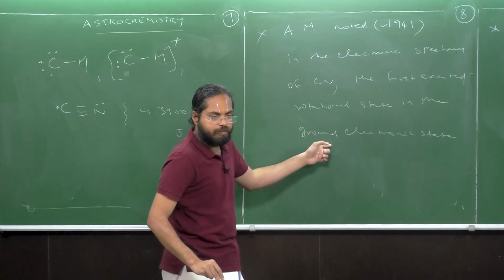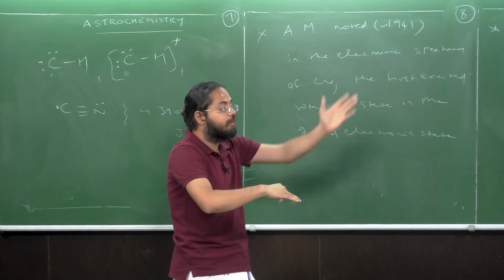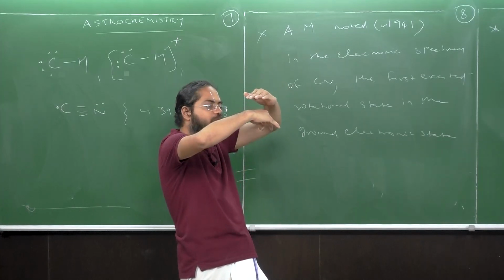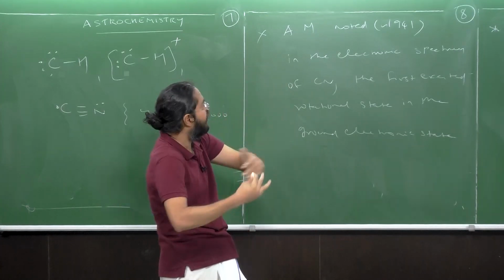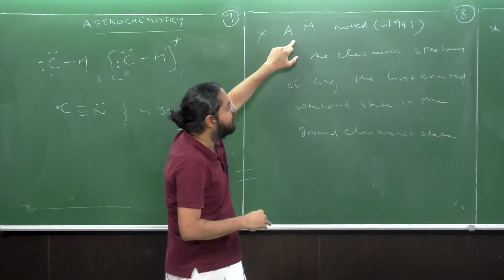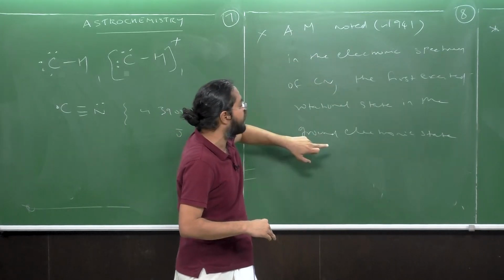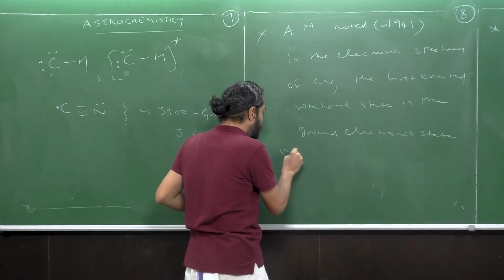You understand what I'm talking about, right? We're talking about the ground electronic state. We spent a lot of time describing that a ground electronic state could have vibrational states, and between any two vibrational states, we could have rotational states. So in the electronic spectrum of CN, it was noted that the first excited rotational state in the ground electronic state was also occupied.